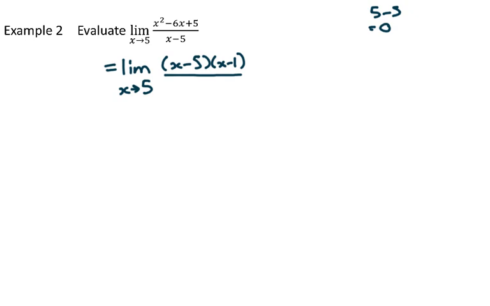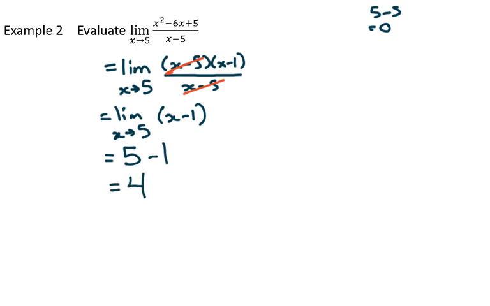On the bottom, that's not factorable, so we'll just leave it as x minus 5, but we should be able to see at this point what we're able to do because of the factoring on top is we can cancel the x minus 5s, and we're left with the limit as x approaches 5 of x minus 1. Now here we can go back to direct substitution, substitute that 5 in directly, calculate out, the answer is 4.